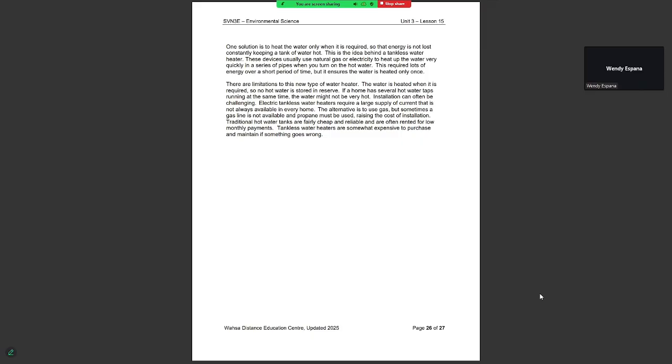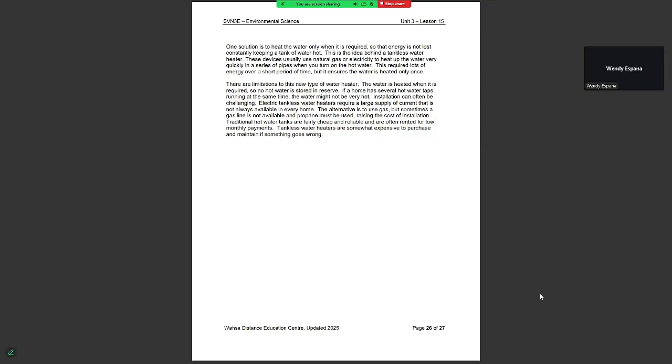If it's an electric tankless heater, they require a lot of electricity because you're heating the water right then, right on demand. Okay. If you have gas or propane, it could be a little bit more expensive.